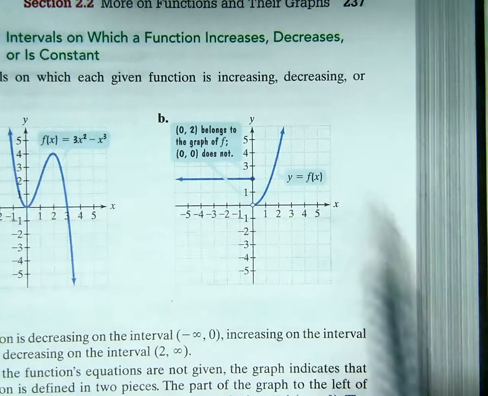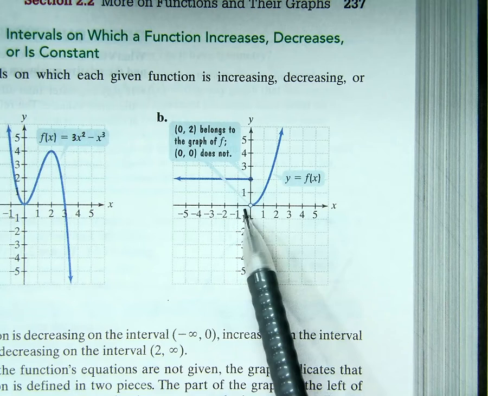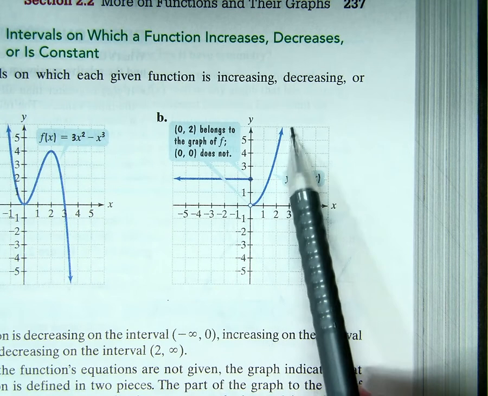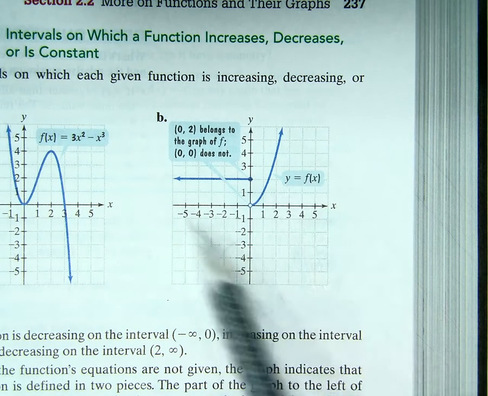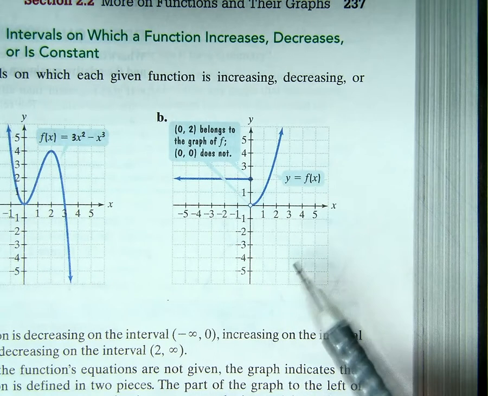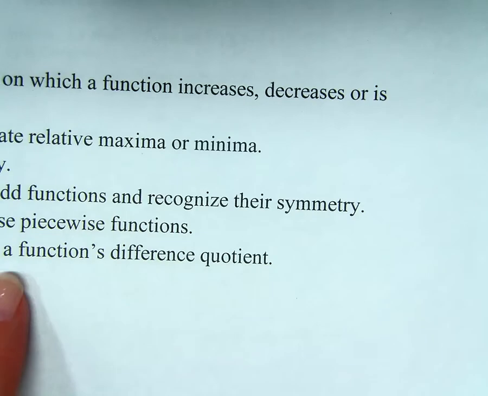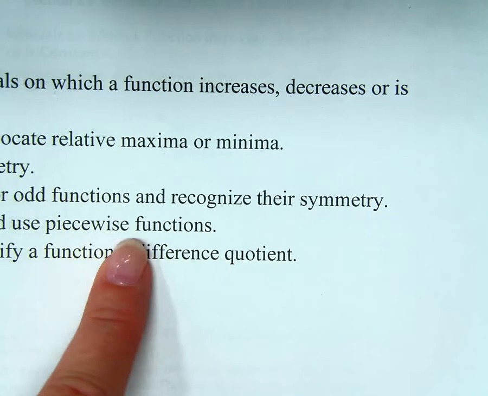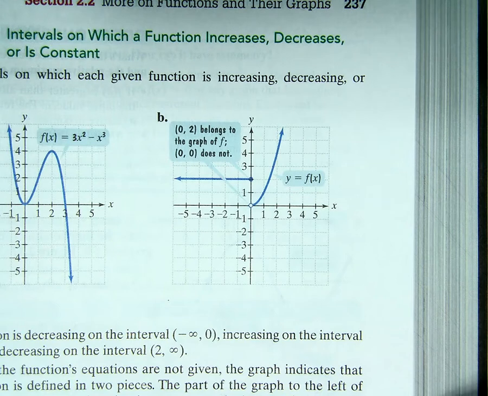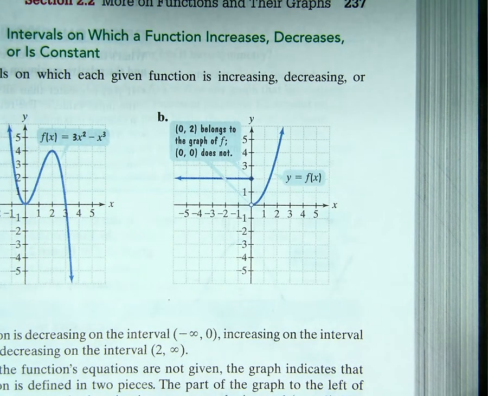And then this one is constant, and then starting again here, it's increasing. Now that looks like a weird function. That's not any sort of function that we looked at in Algebra 2. That's called a piecewise function, which we talk about later in this exact section. But how are you feeling about increasing and decreasing?